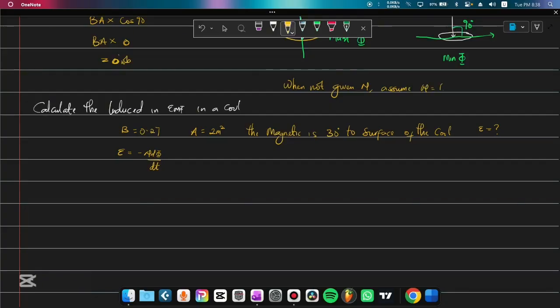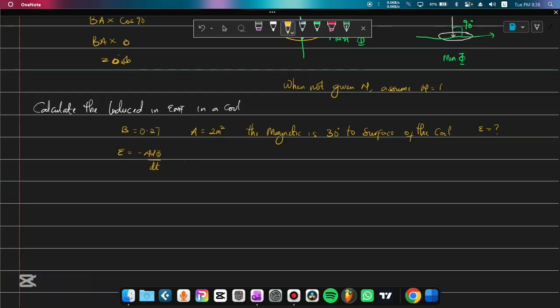Are we together? But once you are given N, you put in the value of N. So in this question, we are not given N, so we assume N to be 1.